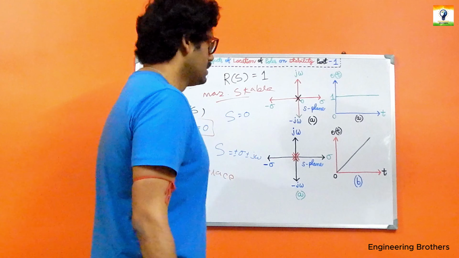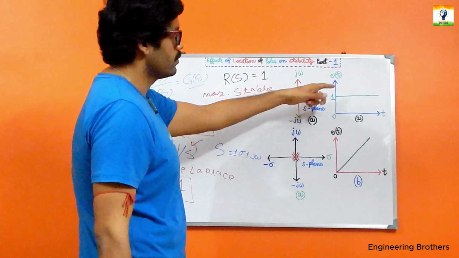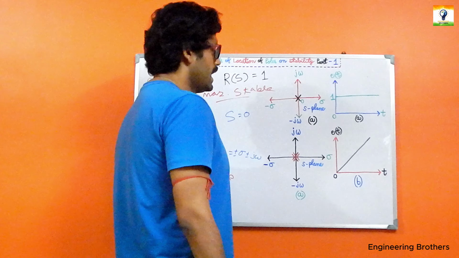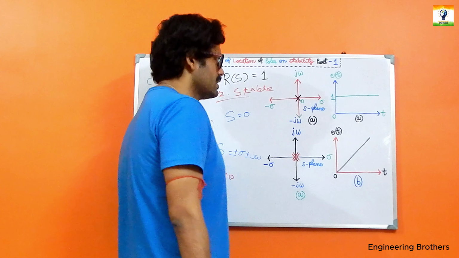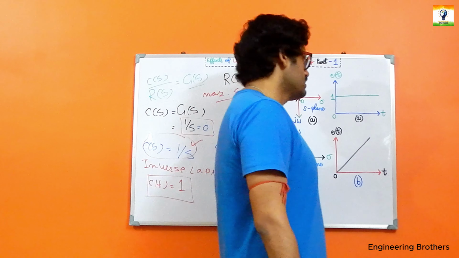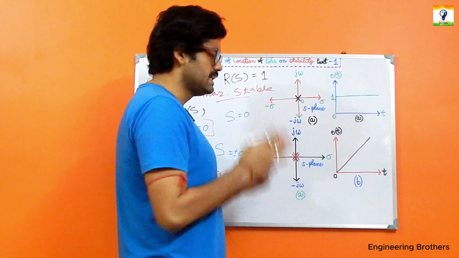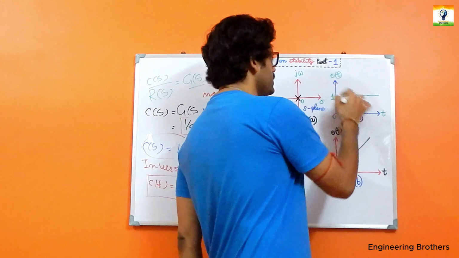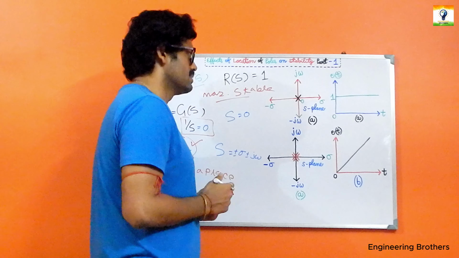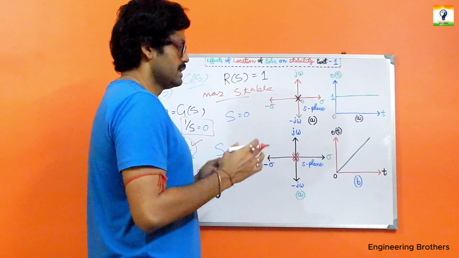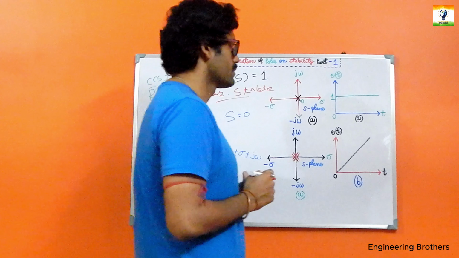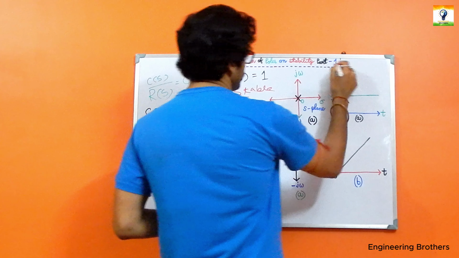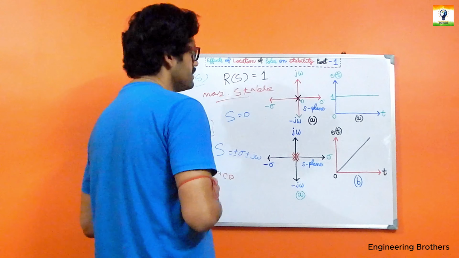Now quite naturally this waveform is not increasing, and it is also not decreasing. According to the definition, if we apply time t tends to infinity, and look at the nature of c(t): if the output c(t) has a finite value, then we can say that the system is stable.